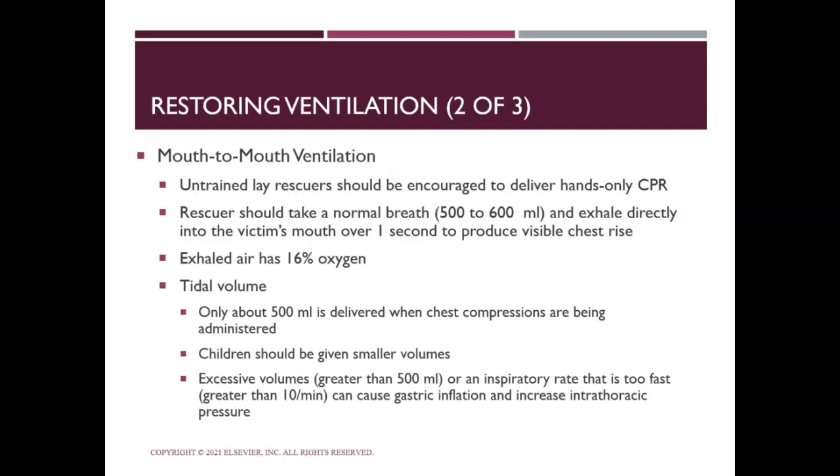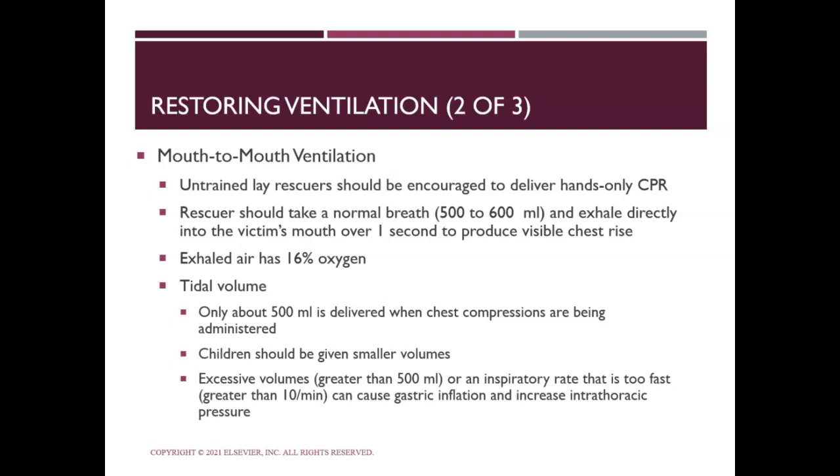If you're doing mouth to mouth on a baby or a child, when you're delivering that breath, you really want to make sure that you're only delivering enough air for the chest to move. You see the chest move. You don't want to cause volume trauma by trying to deliver a full lung full of air into a 2-year-old's lungs from your lungs.